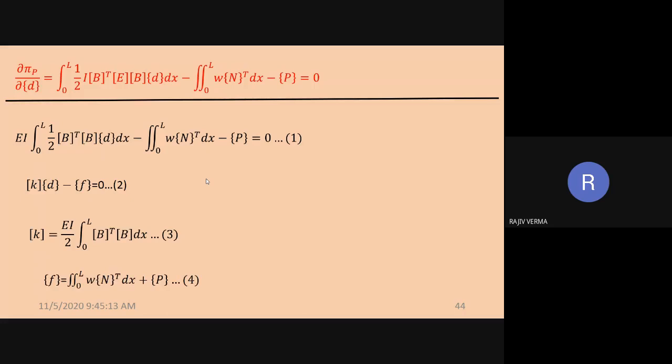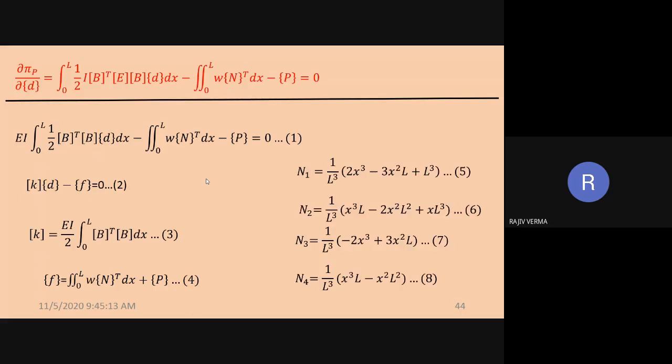And similarly, the force now is going to be the summation of forces acting at the points, and the summation of the equivalent load, equivalent distributed load when transferred to the nodes. So equation number 4 basically is the summation of the point loads acting at the nodes and the equivalent load because of the distributed loading transferred to the nodes itself. So this is equation number 4.